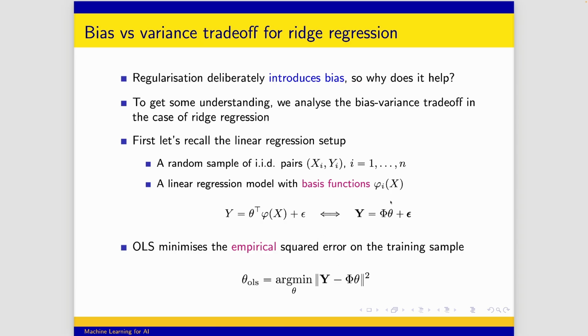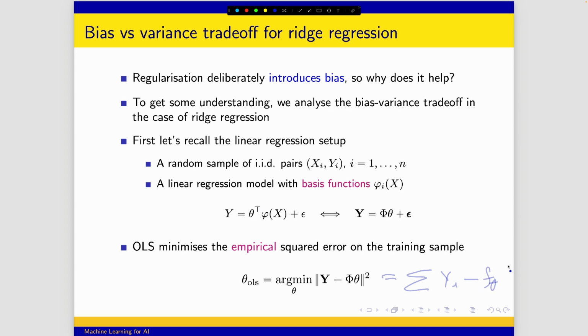And we can write that square error as this quantity here. So this is the 2 norm of the difference between this and this.